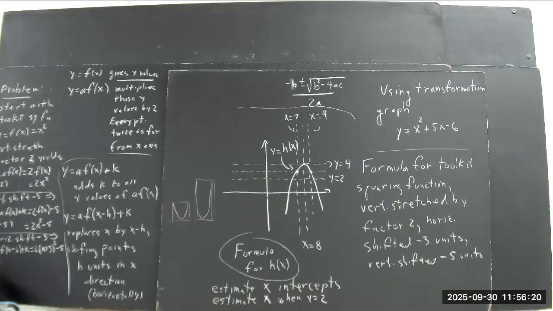And I'll just make a note that h equals -3. So x minus h equals x minus -3 equals x plus 3. And that's where the x plus 3 comes from. And there's our function.